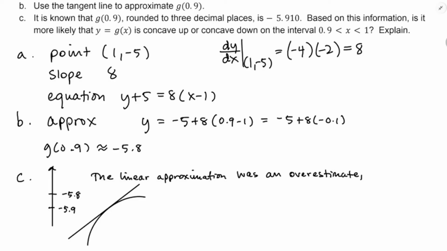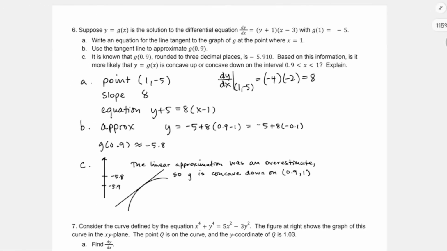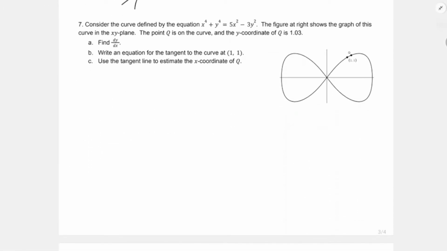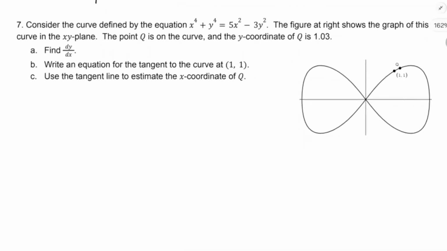So I'm just going to be bold and go ahead and say g is concave down on the interval 0.9 to 1. We were off by so little, that would, well, I guess that would also happen if you had a point of inflection in there, I guess. Okay, speaking absolutes on that.